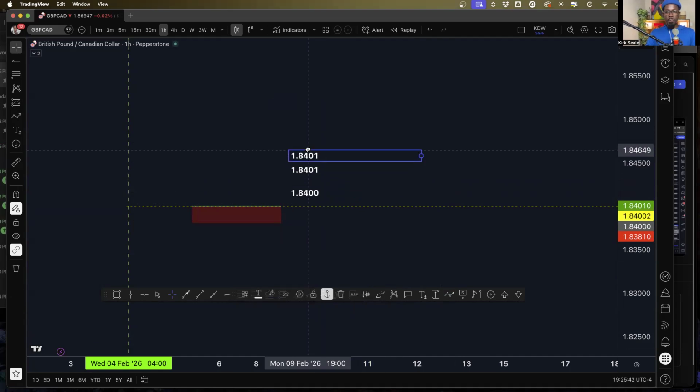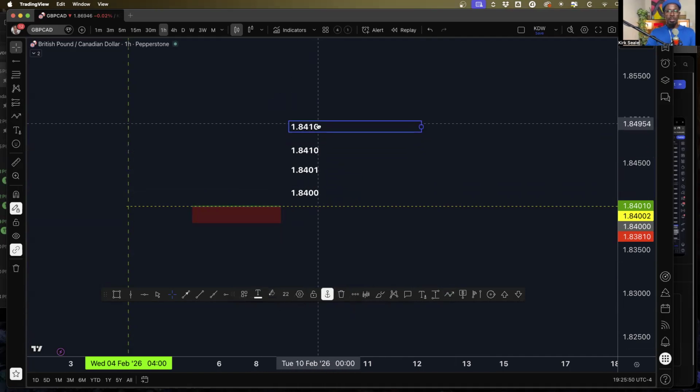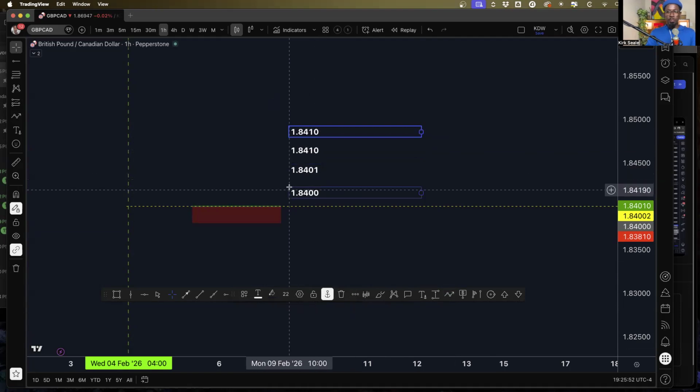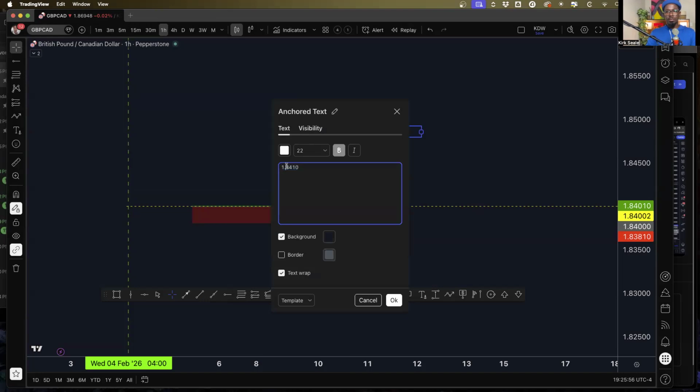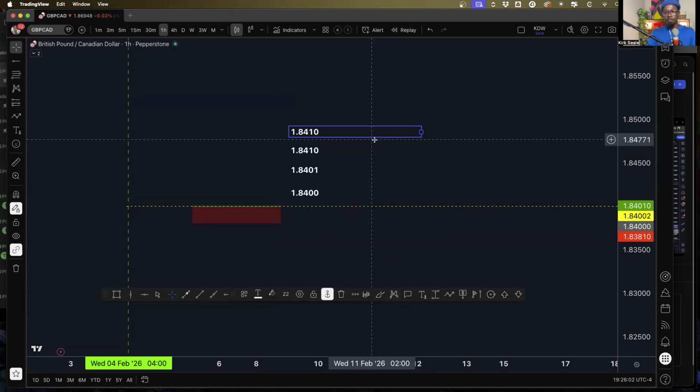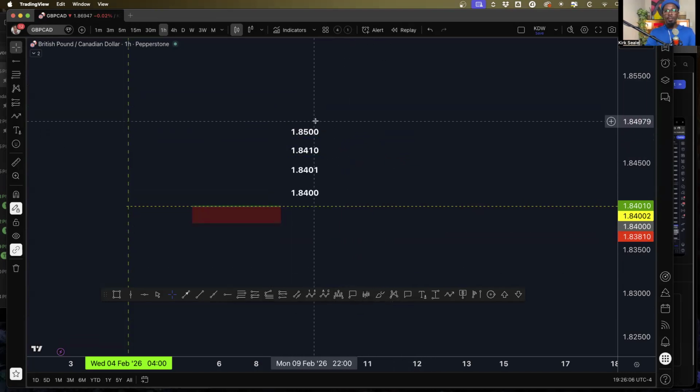If it went up by 10 pips, you guessed it, 1.8410. If it went up by 100 pips from 1.8400, we would be at 1.8500. All right. Let me know if we're good. Are we following here?